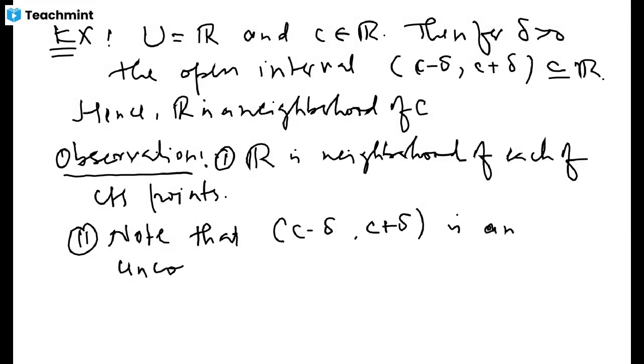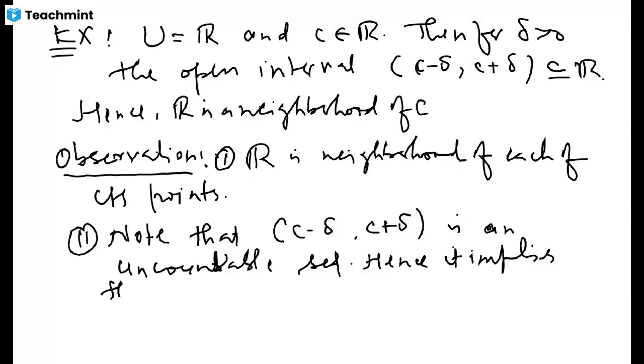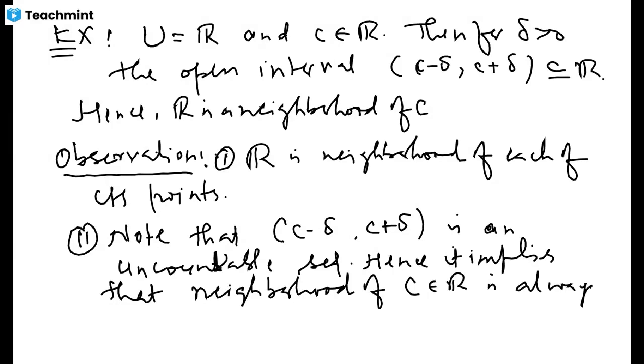Since a superset of an uncountable set is uncountable, and a neighborhood of any point is a superset of some delta neighborhood, it implies that a neighborhood of any point, any real number, is always an uncountable set.